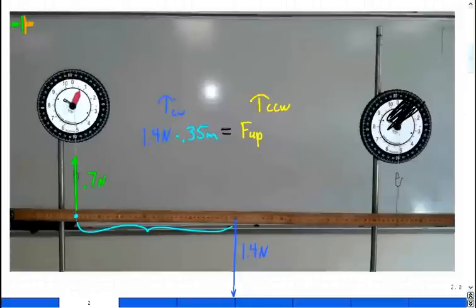In fact, we could call it a tension, but it's at a radius of, well, this was at 15, and this out here is at 85. So a total of 0.7 meters away. And if we rearrange this, we will discover that the upward force, or the tension, will be calculated to be 0.7 newtons.